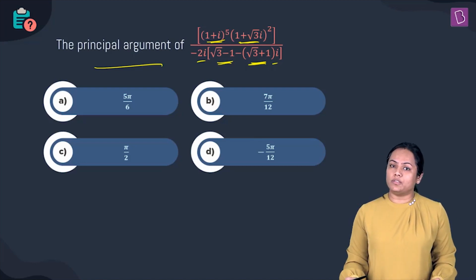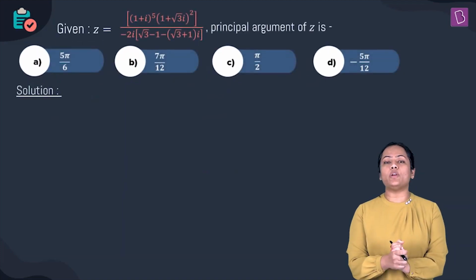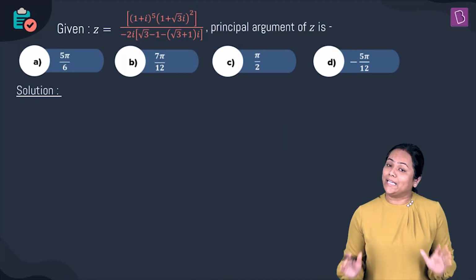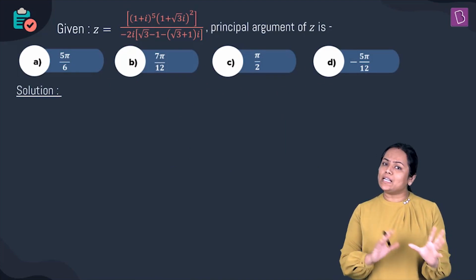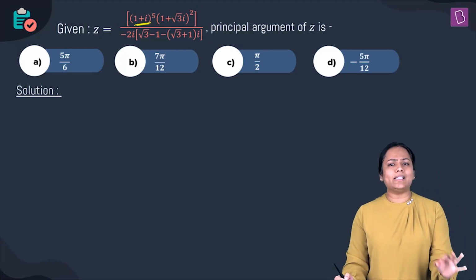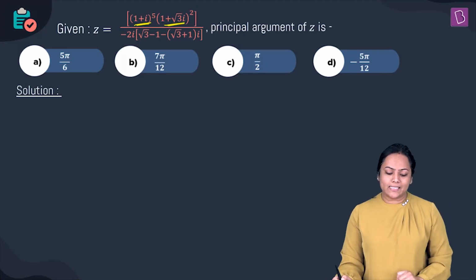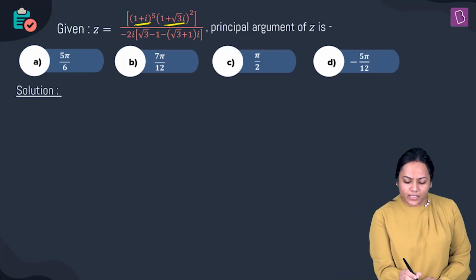They have given us options. How are we going to do that? Well, here again we are going to use the properties of argument. Yes, but before that, let's assume some complex numbers. I'm taking this 1 plus iota, let us say as z1, 1 plus root 3 iota, let us say as z2. And what about this part?